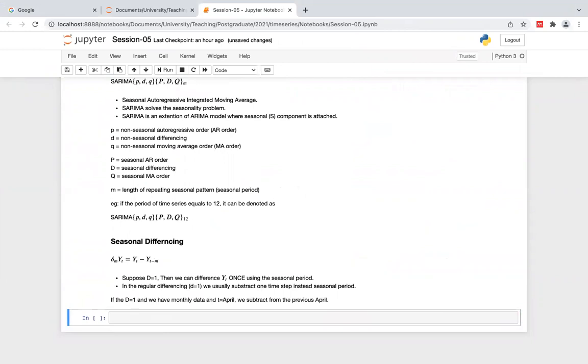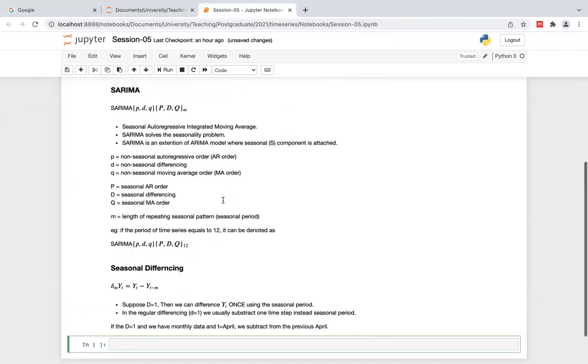In seasonal differencing, we subtract the value identified by the seasonal component. If the seasonal component is 5, you skip the 5 previous data points and then subtract. Likewise. This is seasonal differencing.